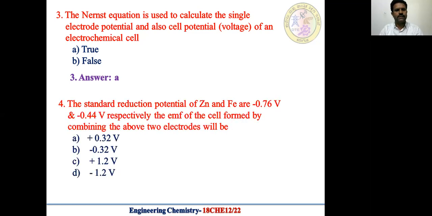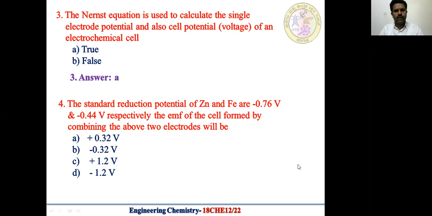Question number 4. The standard reduction potentials of zinc and iron are minus 0.76 volt and minus 0.44 volt respectively. The EMF of the cell formed by combining the above two electrodes will be: option A, plus 0.32 volts, option B, minus 0.32 volts, option C, plus 1.2 volts, option D, minus 1.2 volts.